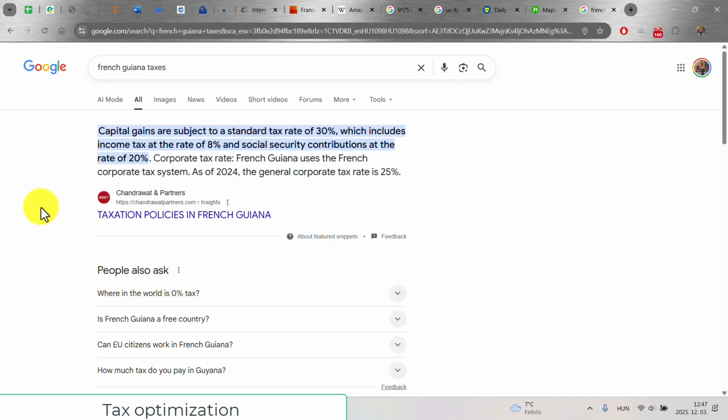Oh, capital gain tax are standard tax rate. Yeah, so they are using the same like at home. That's not good.